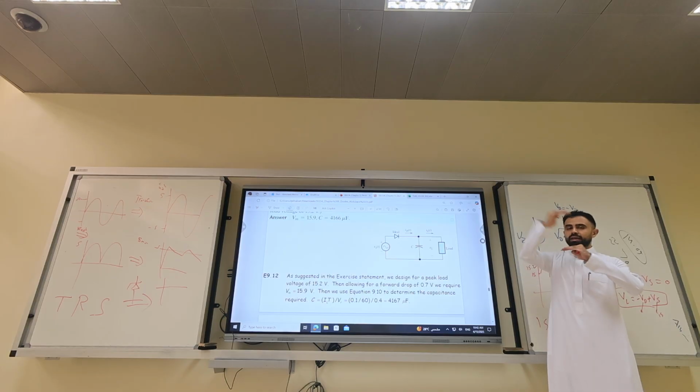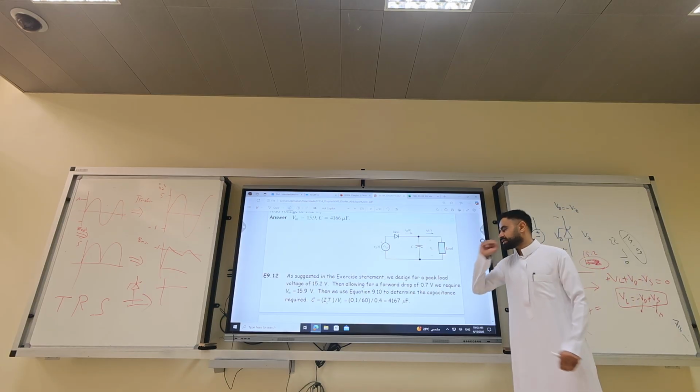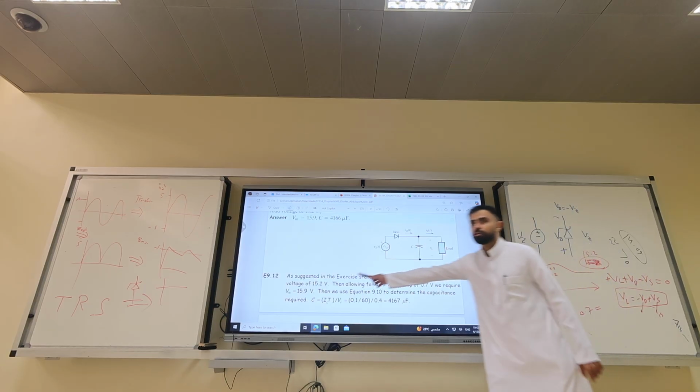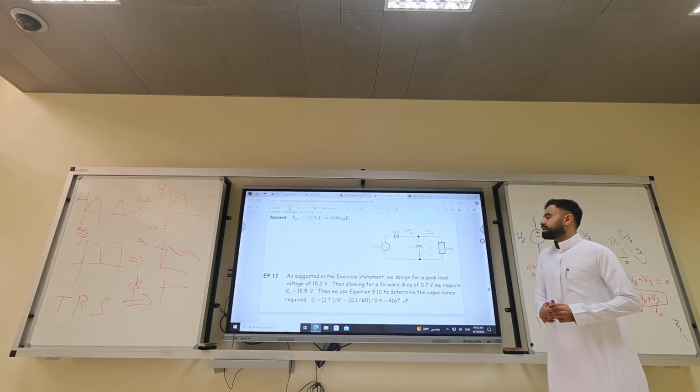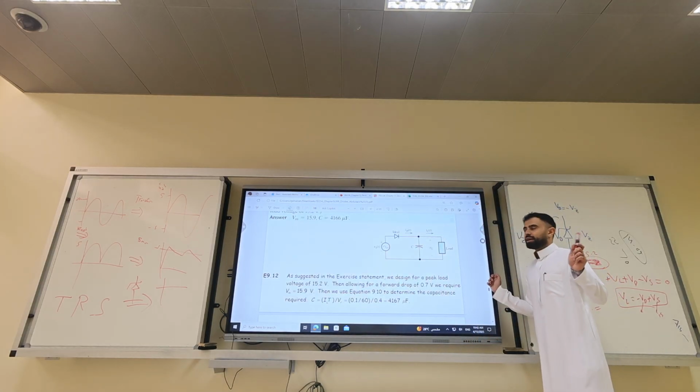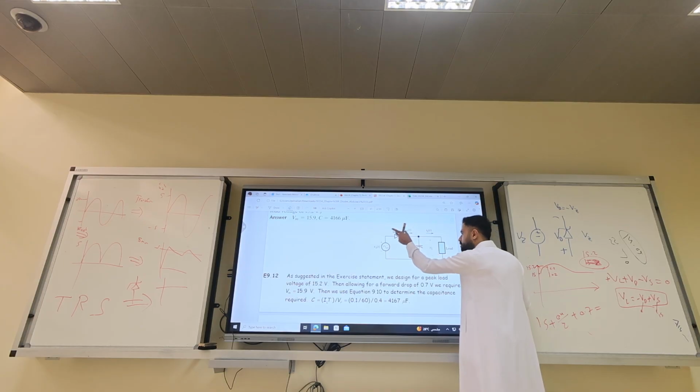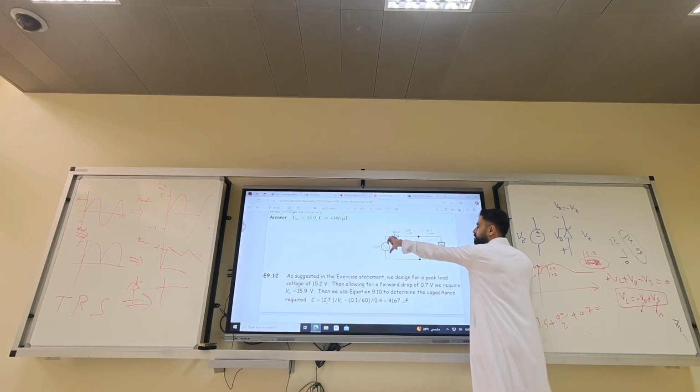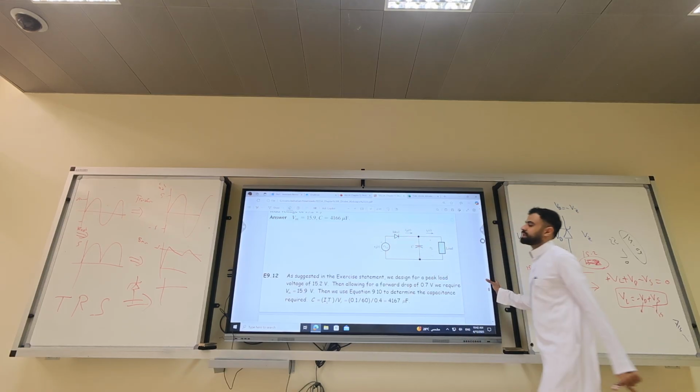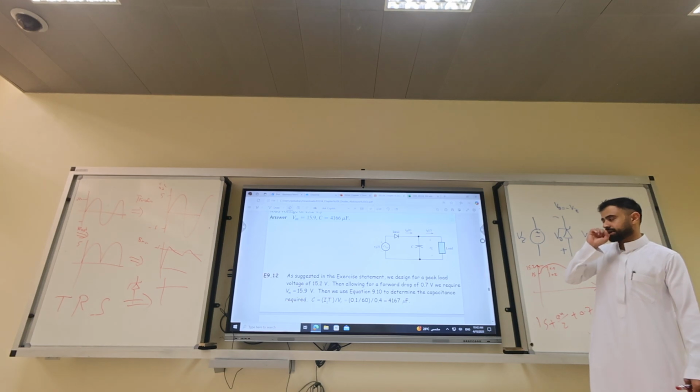So you need to add the effect. Do not subtract, as the book said. It's not clearly KVL, but basically to turn on this diode, you need another 0.7 volts, even though the source is going to be 15. We're designing for the worst case scenario.